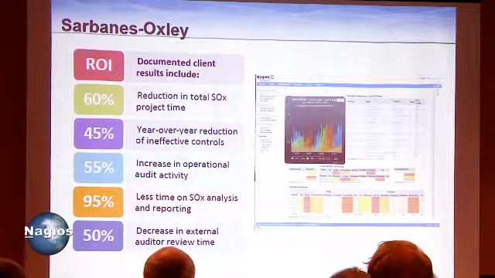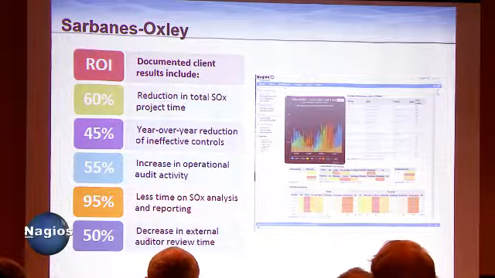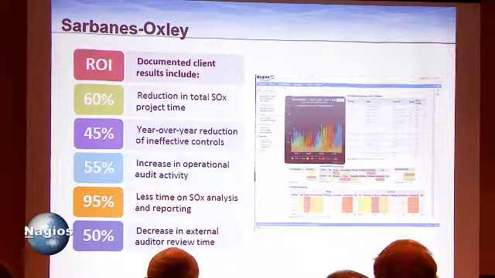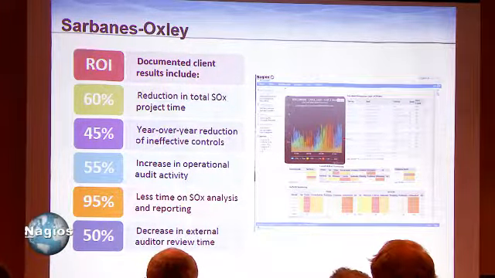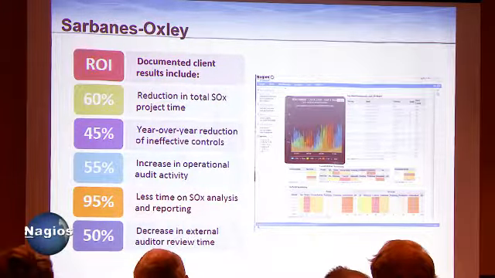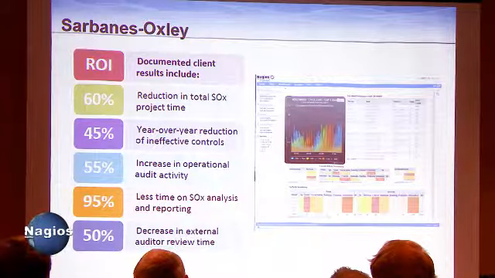We have reports, and it decreases the external audit review time, because the internal auditor is the one who checks this, and it's not necessary to have intervention of the external audit.